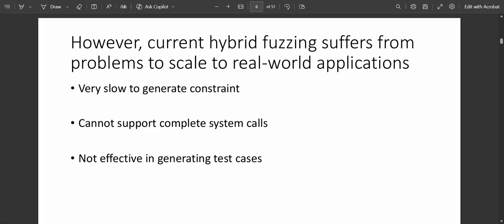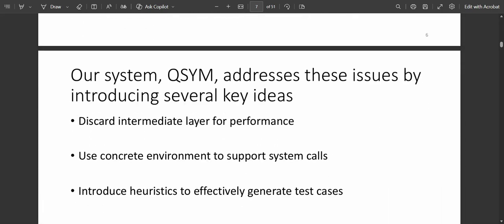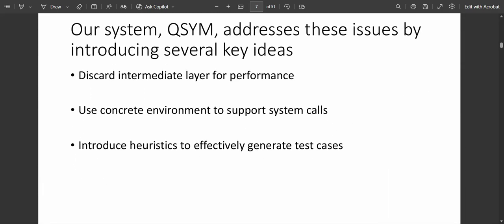It basically runs very slow, and the work is also done very slowly. So QSYM can correct these problems by discarding the intermediate layer and using a concrete environment to support system calls, and it also introduced heuristics to effectively generate the test cases.